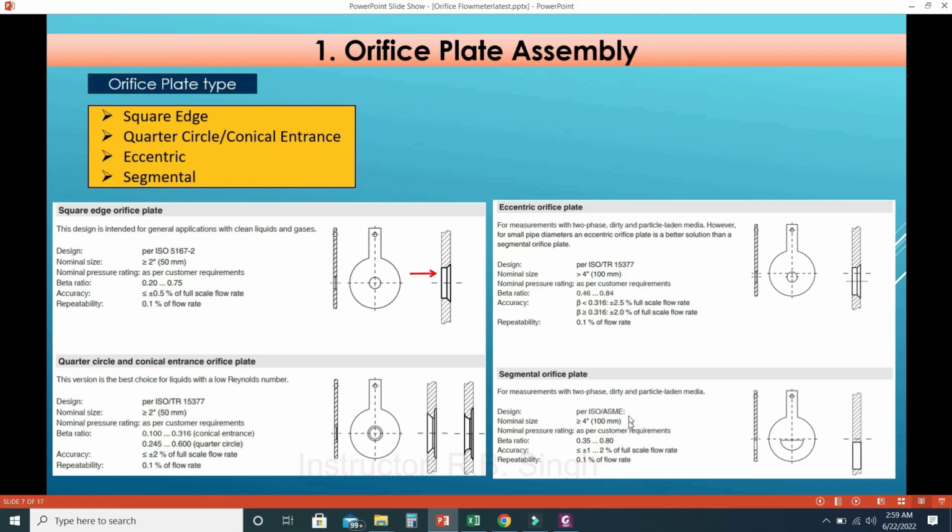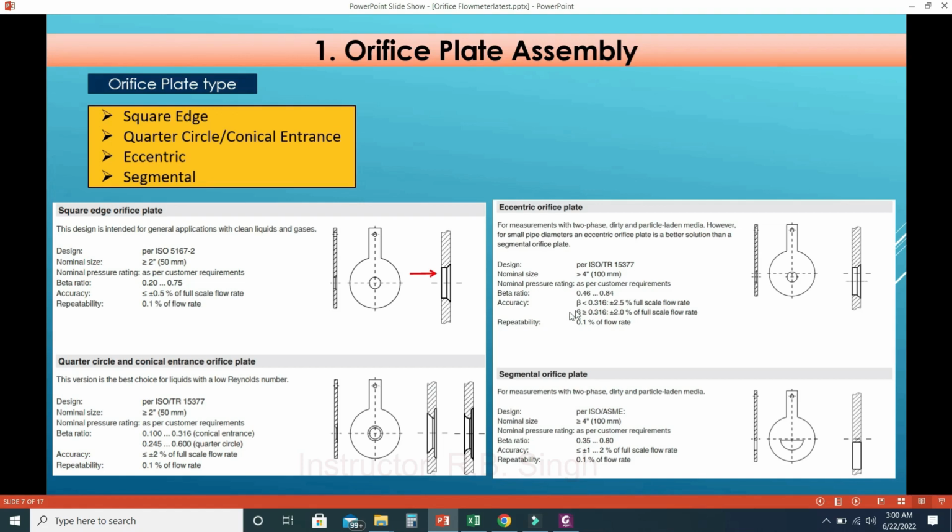For measurement with two-phase and dirty, particle-laden media, we also consider the segmental type of orifice plate. As per ISO or ASME standard, for pipe sizes greater than 4 inches, we can refer to the segmental orifice plate for two-phase or dirty, solid-particle-containing process media.